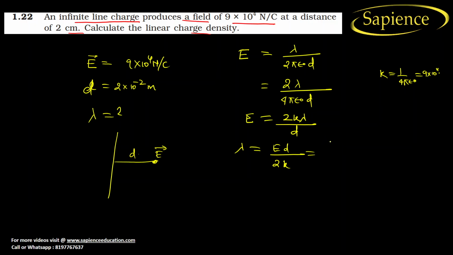So E is equal to 9 into 10 to the power 4, K is 9 into 10 to the power 9. Sorry, D is equal to 2 into 10 to the power minus 2, divided by 2 into 10 to the power 9 into 9. So when we calculate it, 9 gets cancelled out, 2 gets cancelled out.